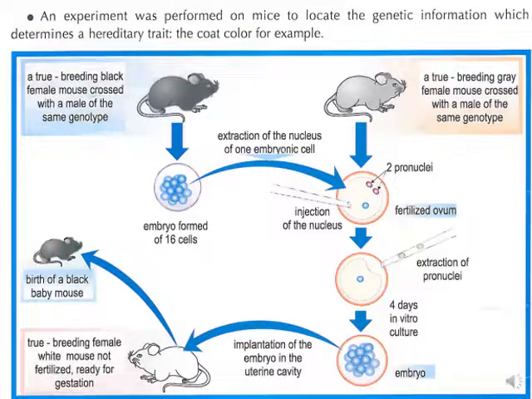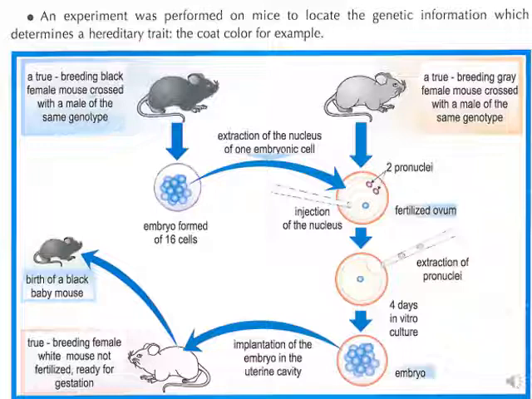An experiment was performed on mice to locate the genetic information which determines a hereditary trait, the coat color, for example. We have a true breeding black female mouse. What is the meaning of true breeding? It means that all the offspring have the same color. She is crossed with a male of the same genotype. And we have a true breeding gray female mouse, also crossed with a male of the same genotype.